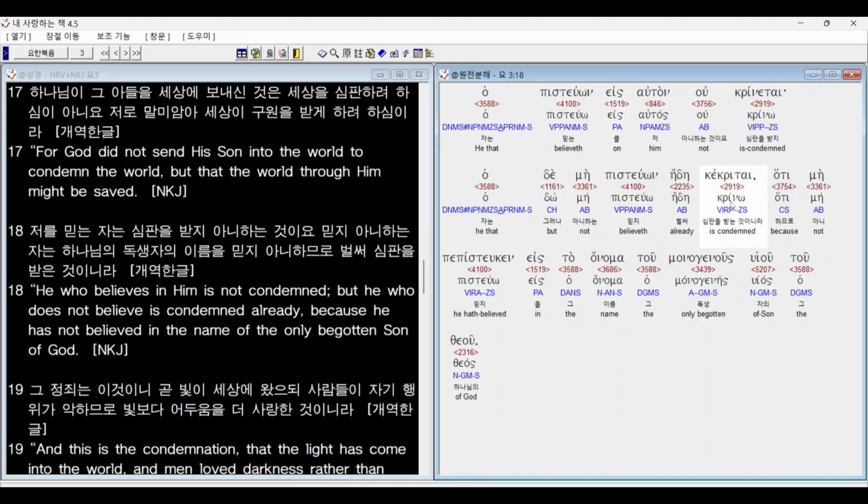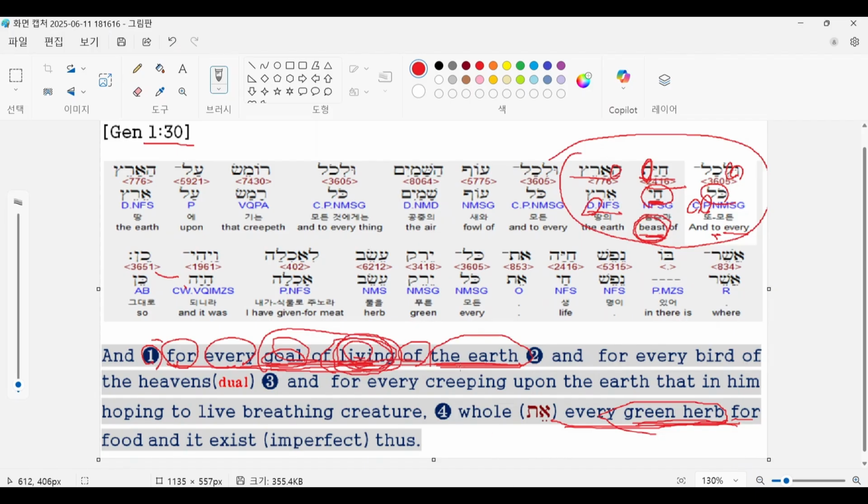You see here? Krino, judged. English translates condemned, but the parsing code is VIRP: verb, indicative, present perfect, passive. So Cretans, which is Cres, have been judged because they are not believing into Christos Jesus. They are remaining with the god of living of the earth.